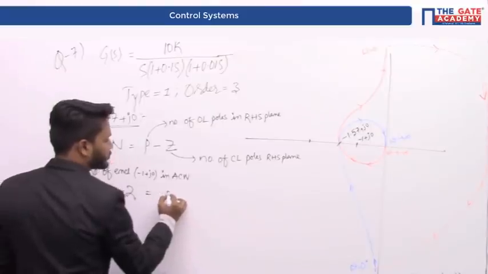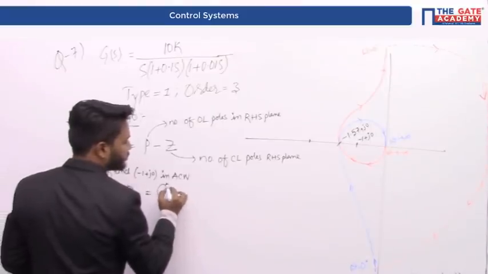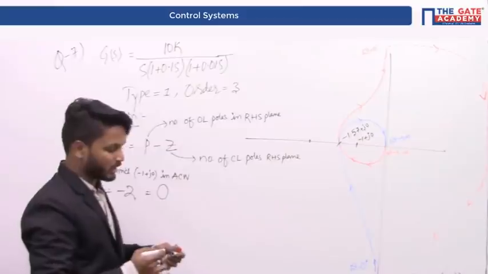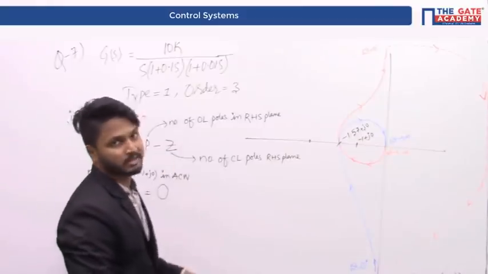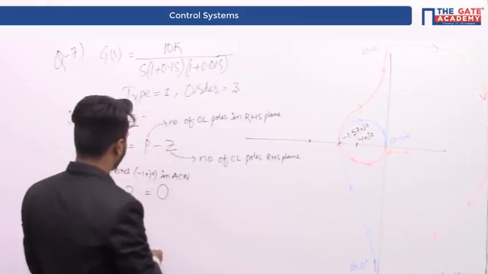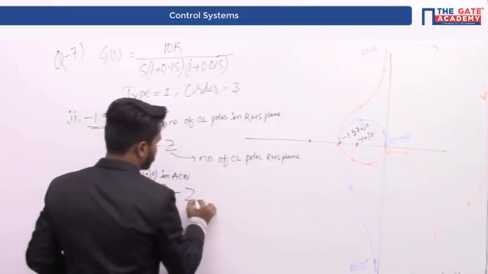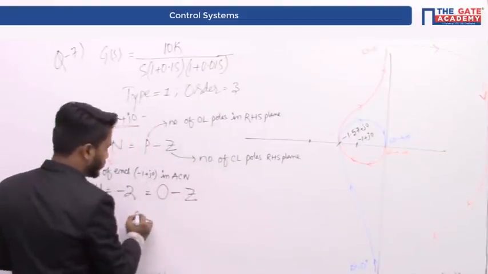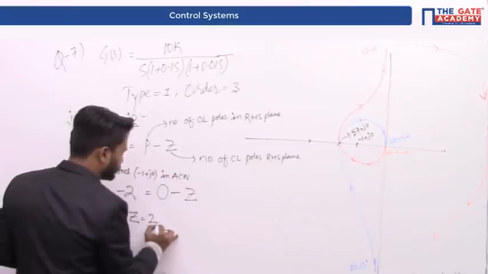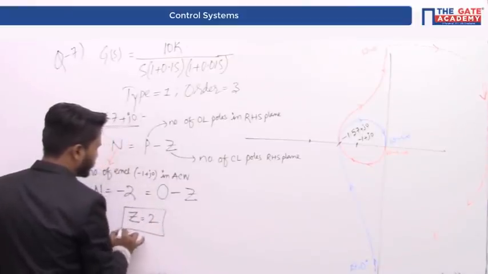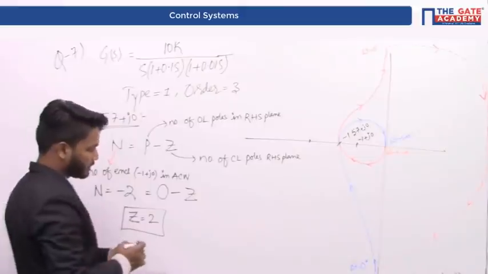That is equal to how much? P minus Z. P is anyway 0. P is the number of open loop poles lying in the right half of S plane. No open loop pole is lying in the right half of S plane. Therefore, from P minus Z, you can conclude Z is equal to 2. Z means the number of closed loop poles lying in the right half of S plane.